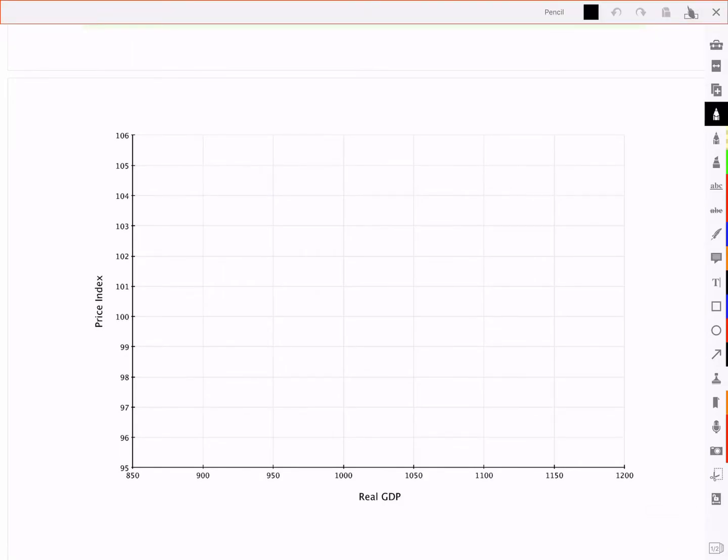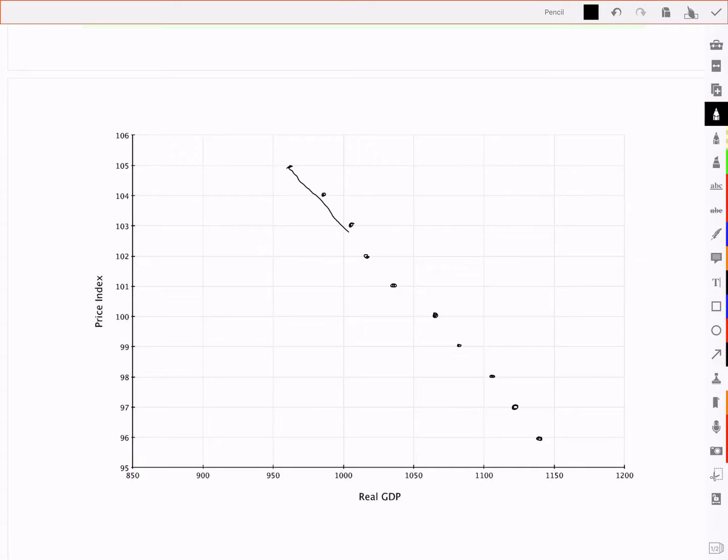All right, so if we plot our data, then at a price of 96, aggregate quantity demanded is 1145, and at 97, 1125, and at 98, 1105, 99, 1085, at 100, 1065, at 101, 1045, at 102, 1025, at 103, 1005, and 104, 985, and 105, 965.